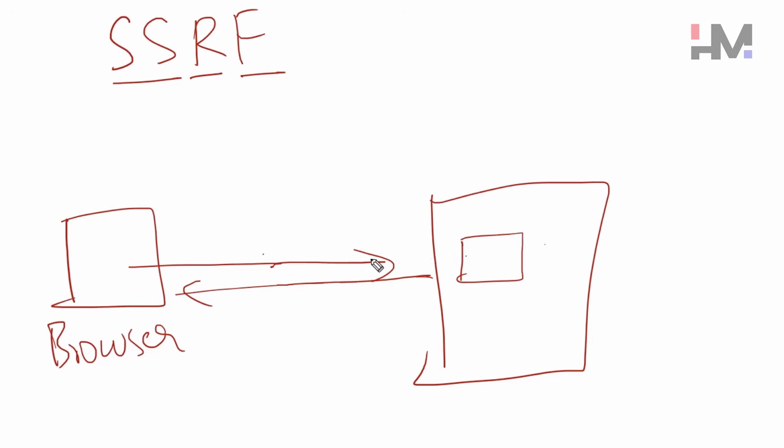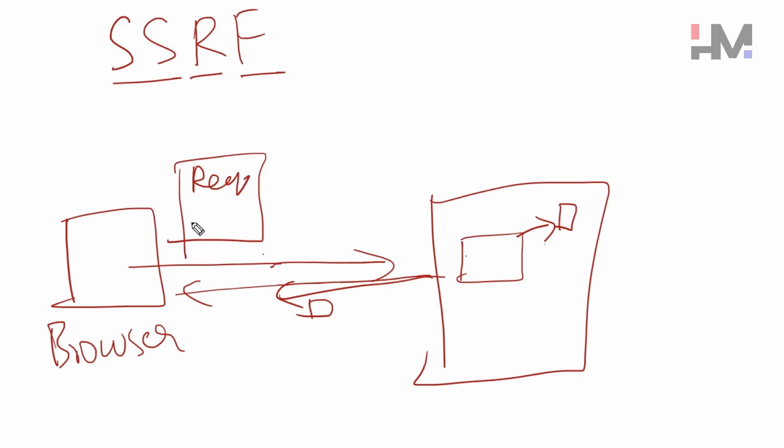So we can use another HTTP request that is made by this server to fetch that particular resource and give it back to us. So this can be another HTTP request. In order to do that, we generate a request. So this will be our request, and in this request we again give another HTTP request. So whenever some resource we want to get, we will use HTTP request. This is one way to do it.